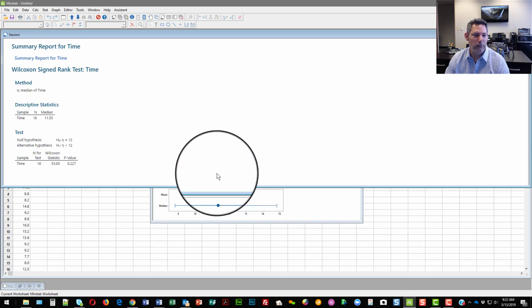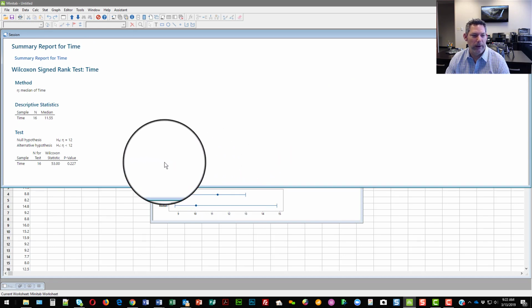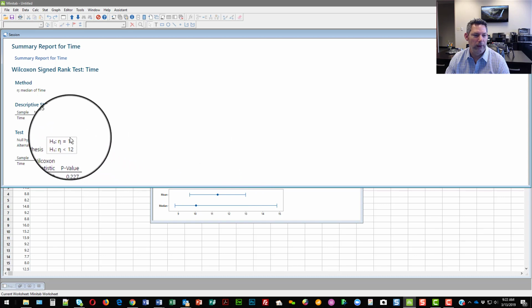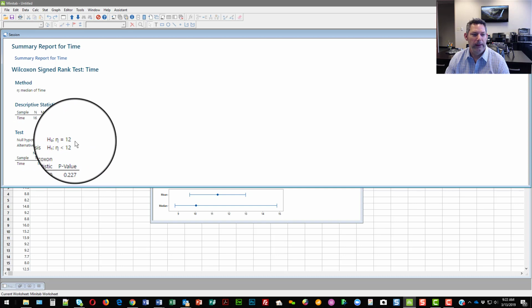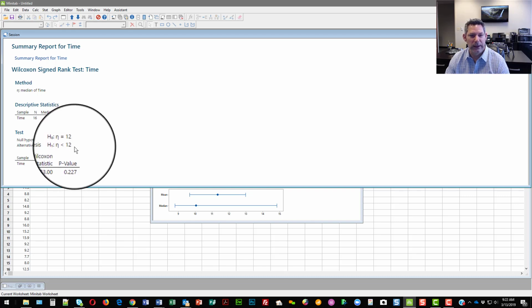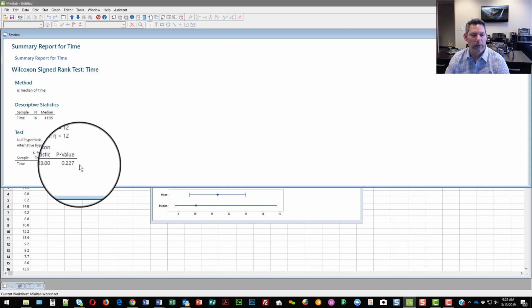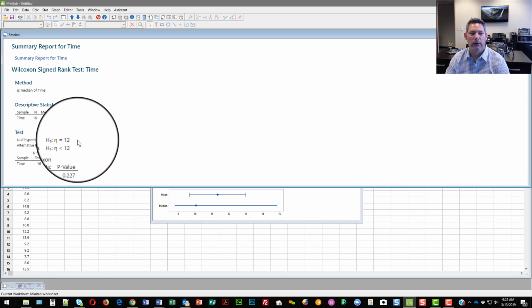So let's start with our null and alternative hypothesis. The null hypothesis here, H naught, is that the reaction time is 12 minutes. The alternative hypothesis is that the reaction time is less than 12. And the p-value being greater than 0.05 tells us we're going to fail to reject the null.